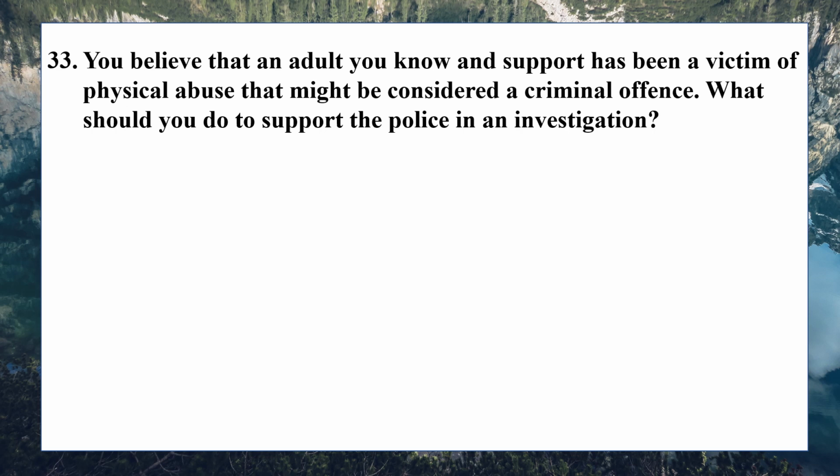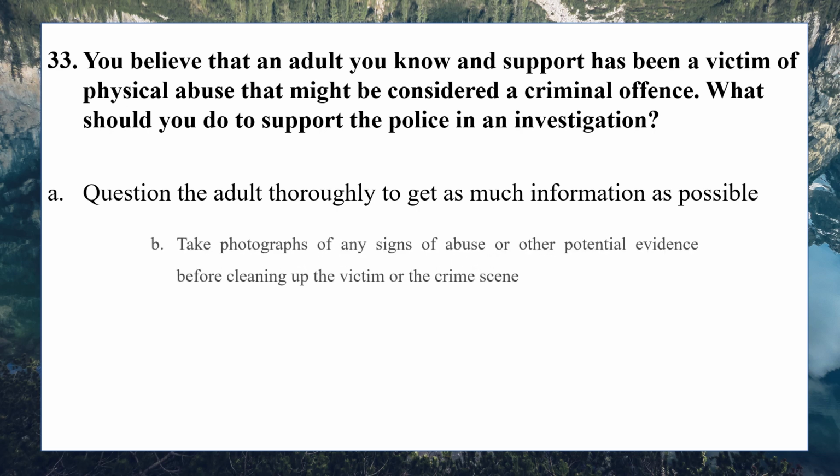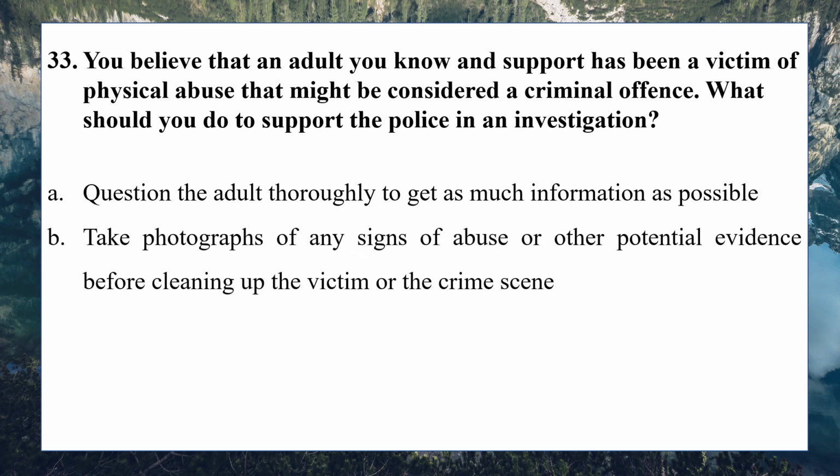You believe that an adult you know and support has been a victim of physical abuse that might be considered a criminal offense. What should you do to support the police in an investigation? Option A. Question the adult thoroughly to get as much information as possible. Option B. Take photograph of any sign of abuse or other potential evidence before cleaning up the victim or a crime scene.